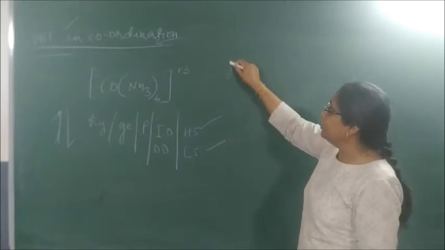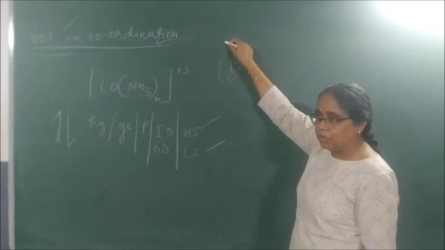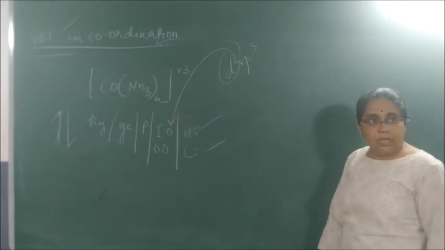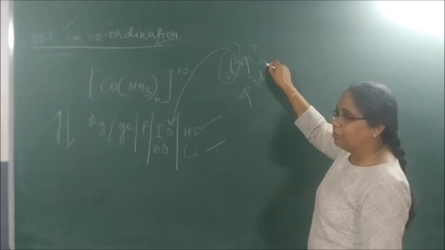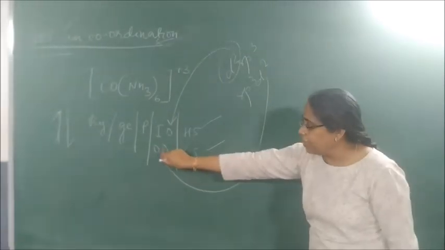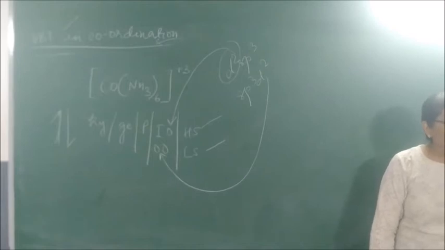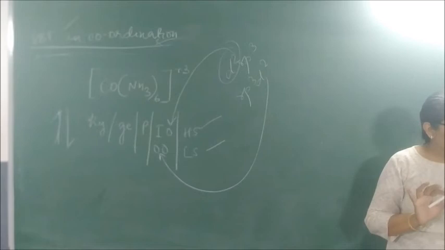If it is d2sp3, penultimate d orbital is utilized, then it is an inner orbital complex. If an outer d orbital is involved, sp3d2, then it is called an outer orbital complex. d2sp3 means inner orbital, sp3d2 means outer orbital.